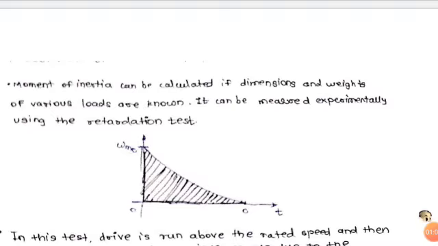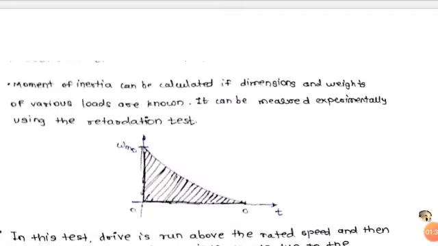Means how fast the drive can be reversed or stopped, or speed can be changed. All that depends upon J, as well as d omega m by dt, means rate of change of speed. So J is part of dynamic torque. It is a very important thing to calculate. We must know J to know the performance of the drive.